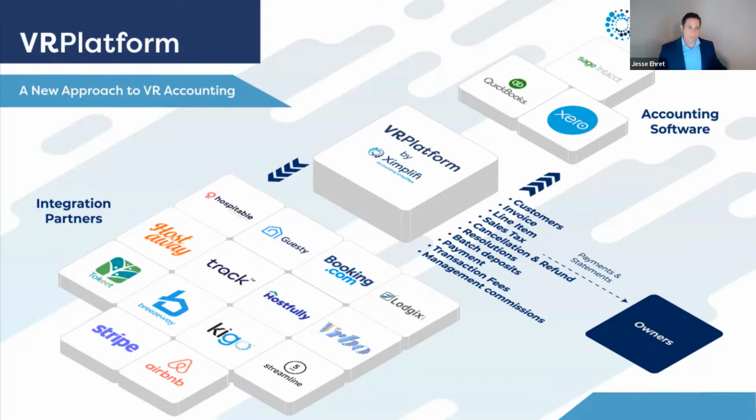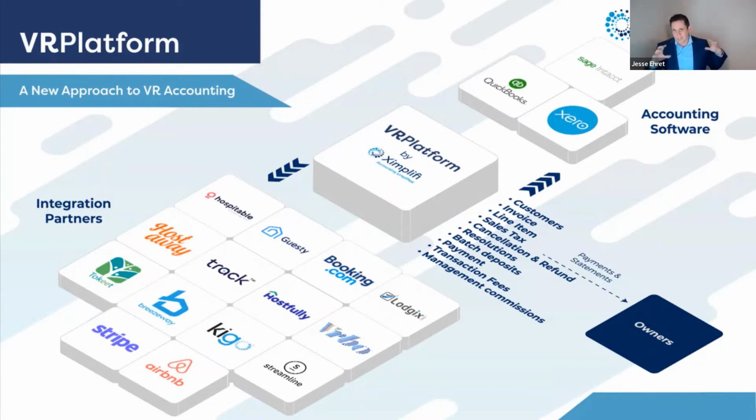we're building an integration between Track and Sage Intacct using our integration platform, VR platform, to make sure that his data is being transferred on a real-time basis. But beyond just Track, we connect directly with Airbnb. We integrate with Stripe. We're actually getting ready to add VRBO, multiple property management systems.